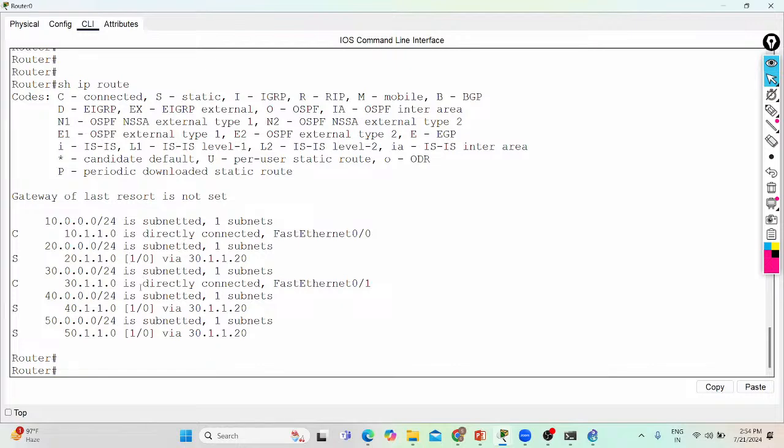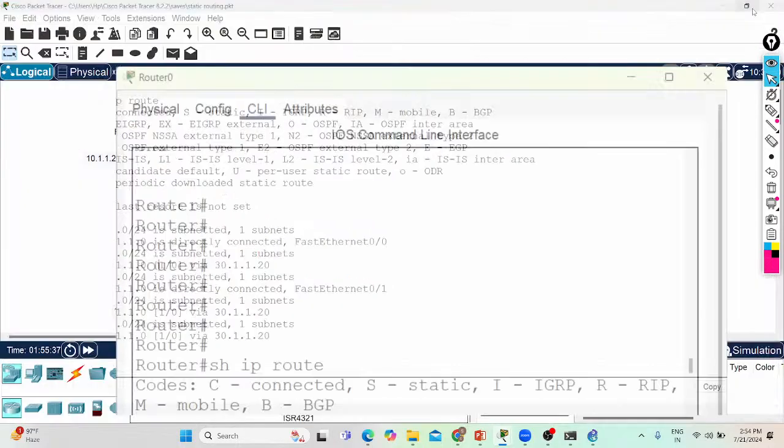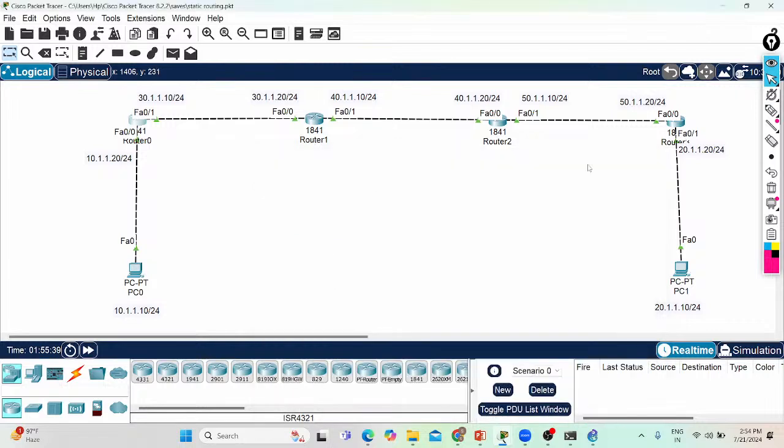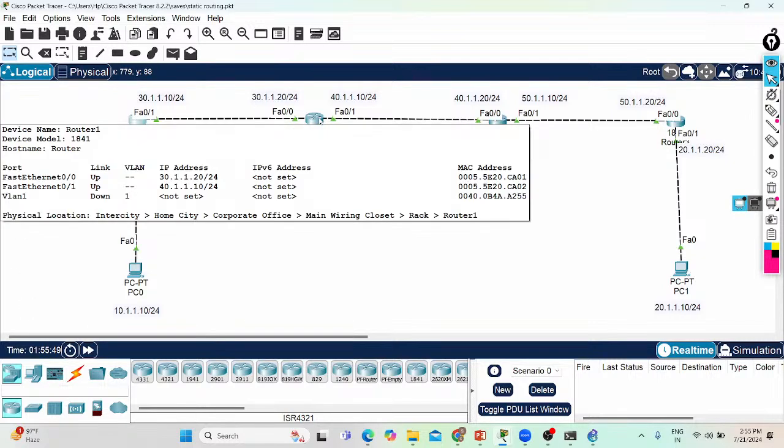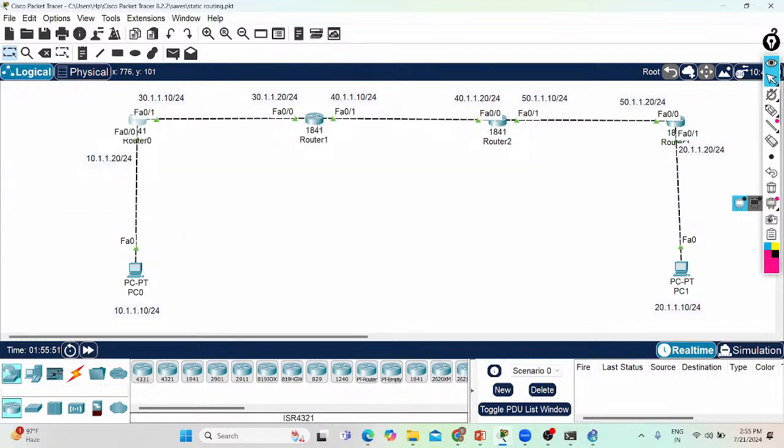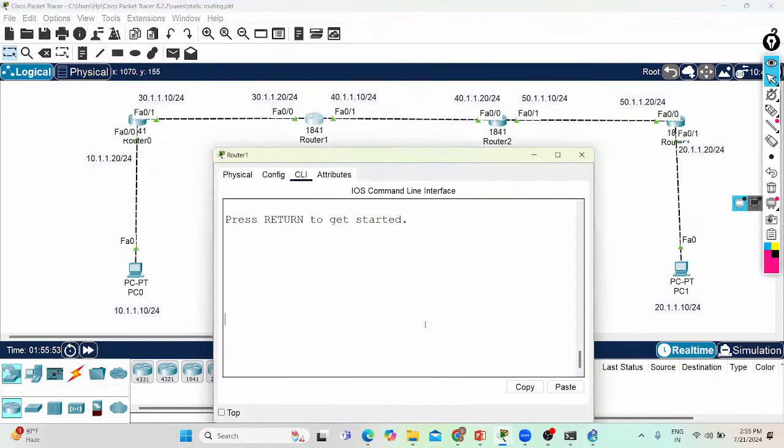But at the same time, when we talk about the implications, like what the consequences can be when we apply static routes, here we only have four routers. Still, I have to configure each and every router with different routes. Here 30 and 40 are present, so I need to configure 10, 20 and 50. Let me show run.